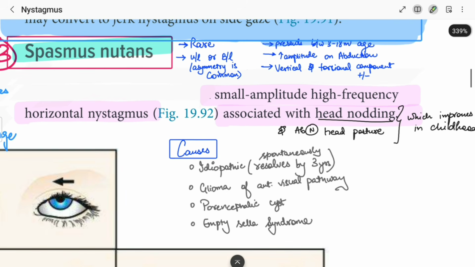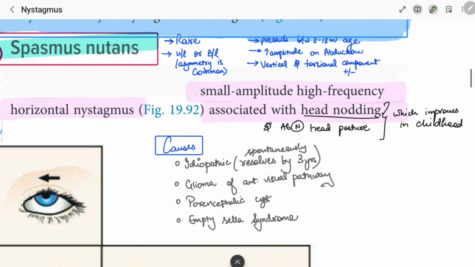So, it is a small amplitude, high frequency, like you can elicit from this term here, spasm. So, it has small amplitude and high frequency horizontal nystagmus, which is associated with head nodding, and an abnormal head posture. And both of these things improve in childhood as the child grows from infancy to childhood.